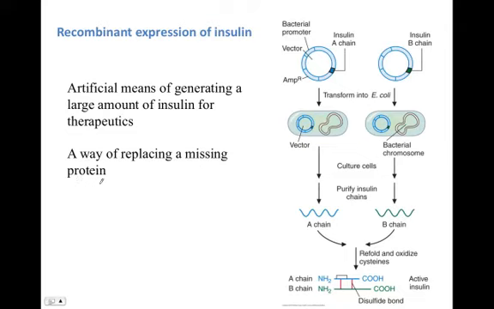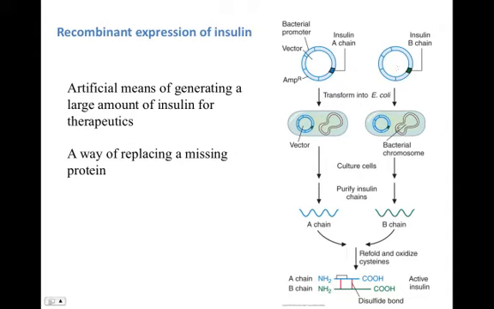If you know anybody who has type 1 diabetes, you know that they are lacking insulin production. Consequently, they must give themselves insulin exogenously. Recombinant insulin is made in this similar manner, where the insulin A chain and insulin B chain are in two separate plasmids.